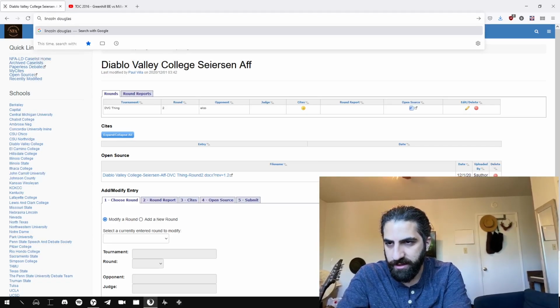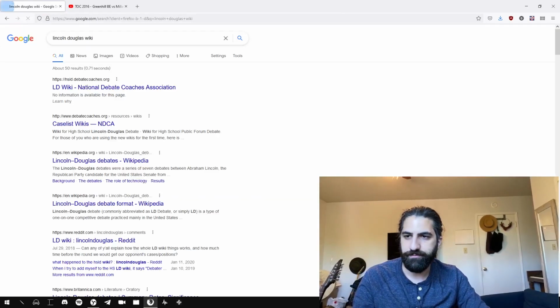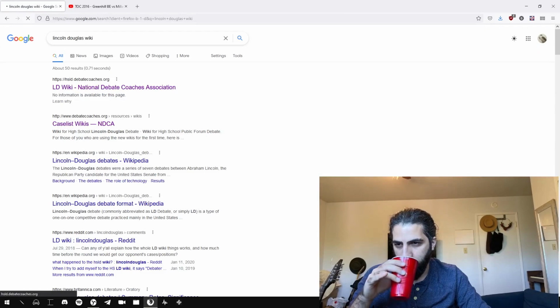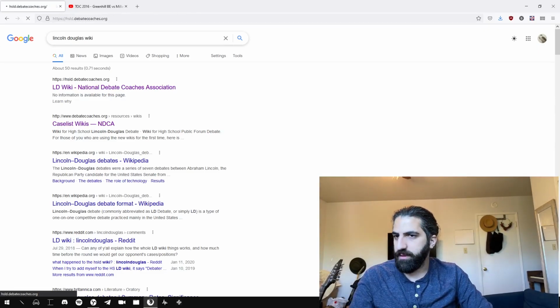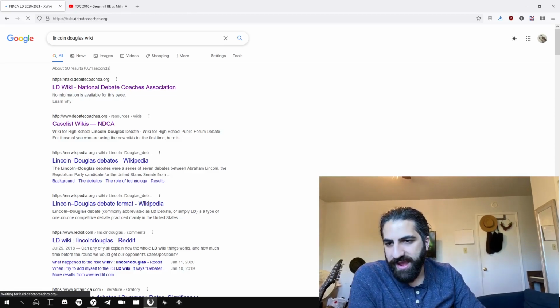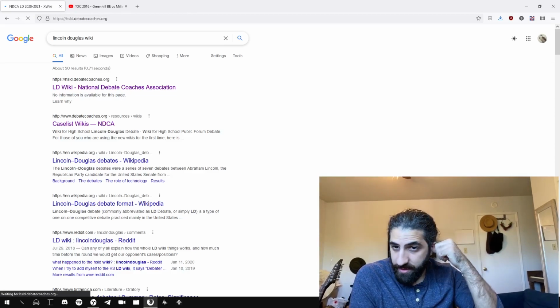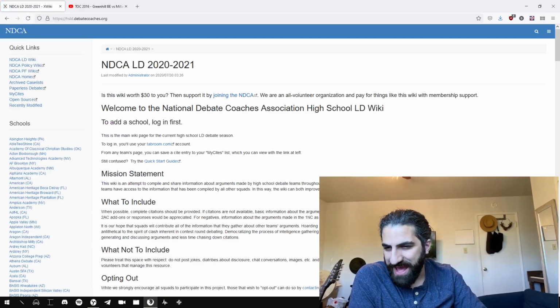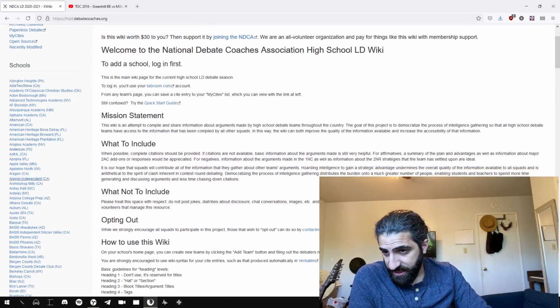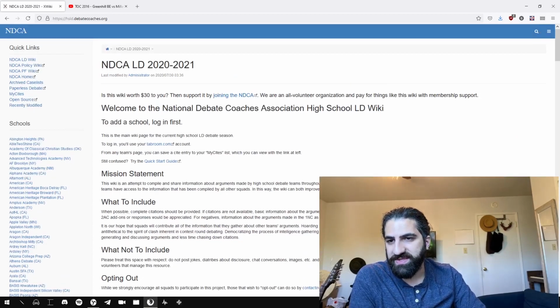Lincoln Douglas Wiki. Cool. So this is the wiki page, and when you land on a wiki page for any given format, you're going to see the schools, but in this case, this is an old round.